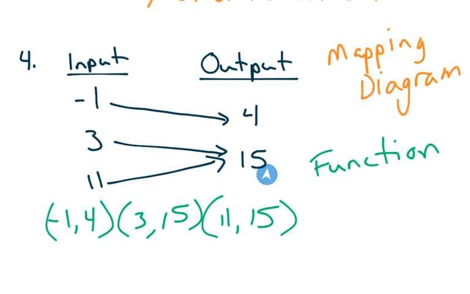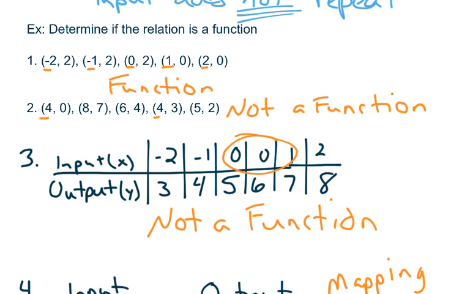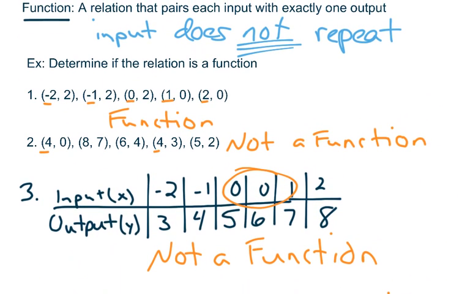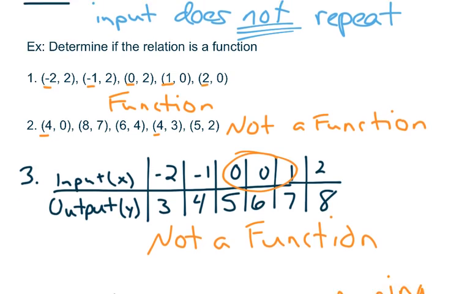So let's see how these both go to 15. That's okay because there's only one output for each input. But as soon as you have a second arrow coming from the same input, then it's no longer a function. So if you're given ordered pairs or a table or a mapping diagram, it's pretty basic to determine whether or not a relation is a function.